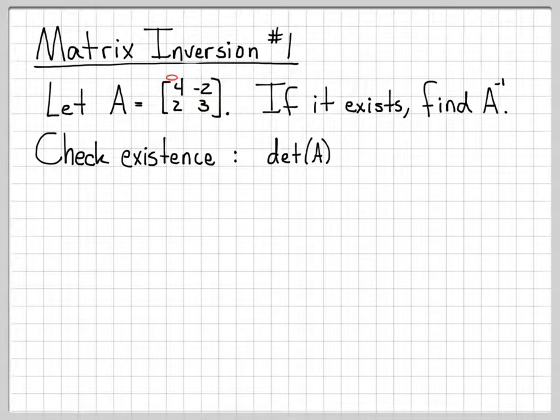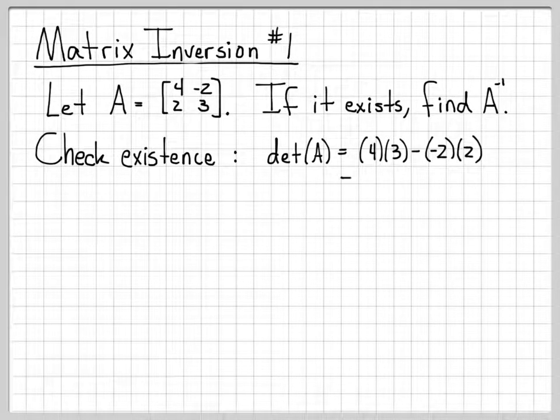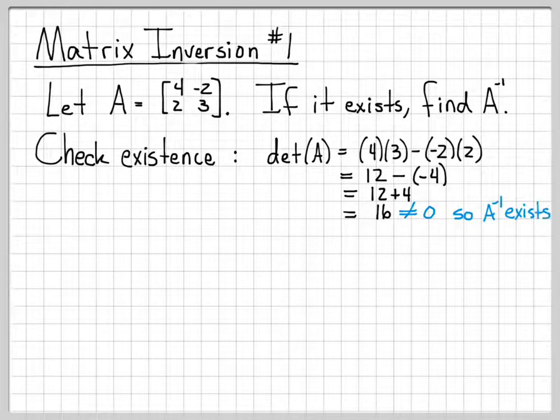So you cross multiply these two diagonal terms and you cross multiply the other two diagonal terms. For this specific case, the determinant of A is equal to 4 times 3 minus -2 times 2, which is 12 minus -4, which is 12 plus 4, which is 16, which is not 0. So since the determinant is not 0, we know A inverse exists.